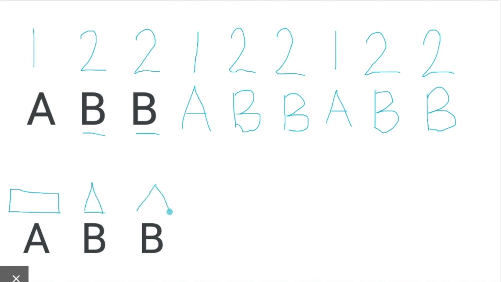So they are all going to be triangles. I want you on your whiteboard to continue making this ABB pattern. So it would show a rectangle, a triangle, and another triangle. All right, make it on your whiteboard, and then I want you to label the pattern underneath it.